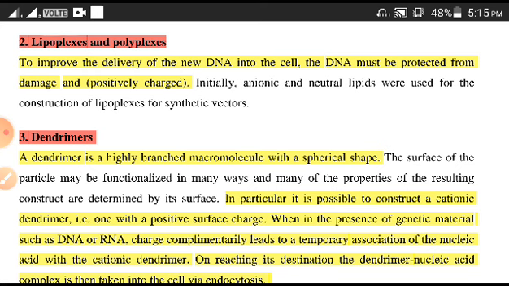So it should be properly protected. If it goes wrong or gets damaged before it is inserted, it may harm in some other bad way. So for that purpose, these lipoplexes and polyplexes have been utilized. So initially anionic and neutral lipids were used for the construction of lipoplexes for synthetic vectors.